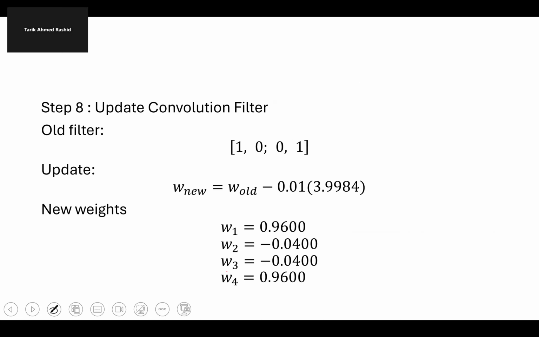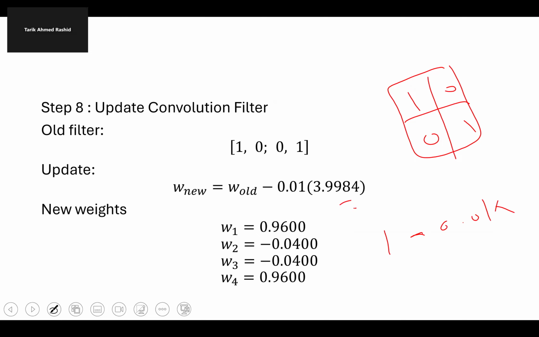Now, therefore, if we have these changes, we will update convolution filter as well. The filter is this one, 1, 0, 0, 1. So it'll be 1 minus 0.01 multiplied by the gradient.